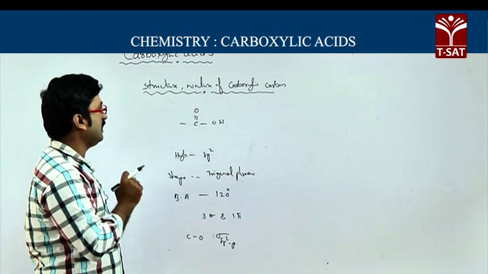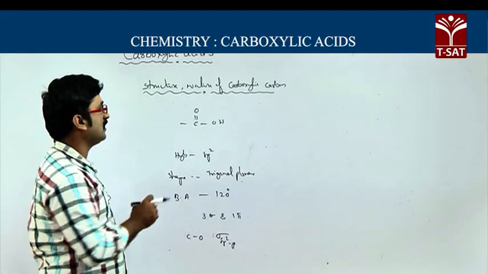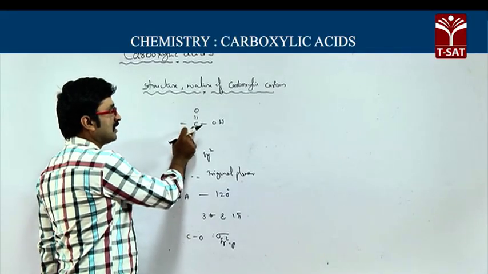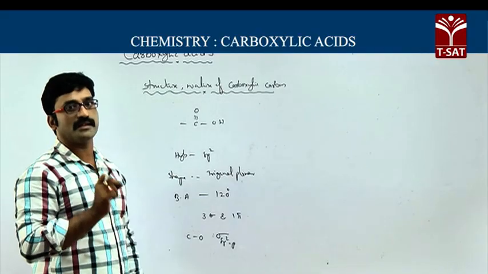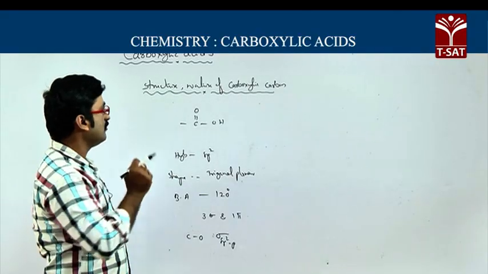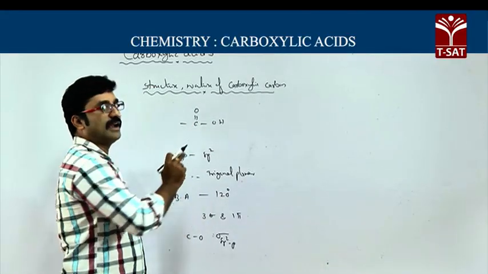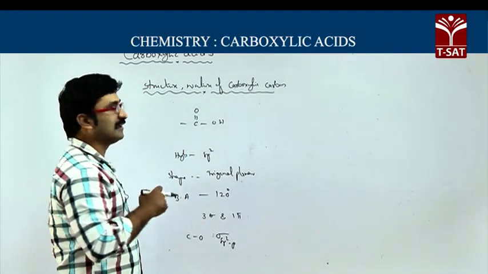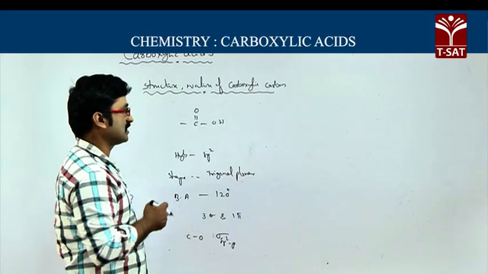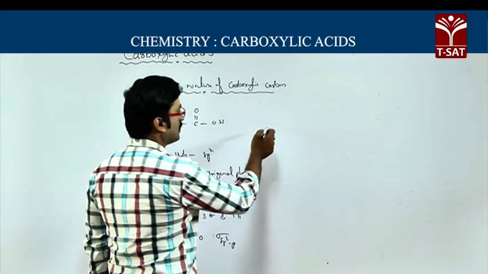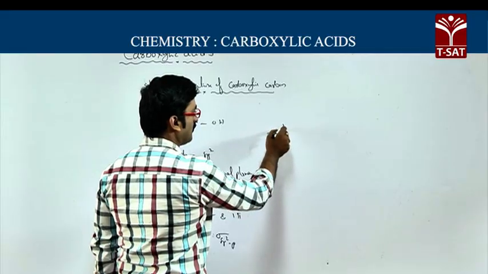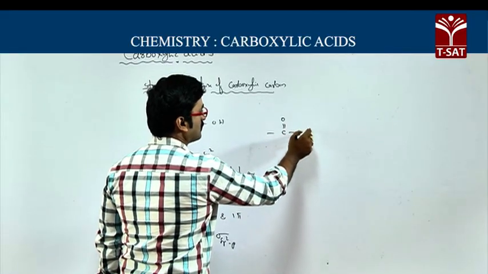When it comes to the nature of this carboxylic carbon, you know that among carbon and oxygen, oxygen is more electronegative. Because of more electronegativity, it will have a greater tendency of attracting pi electrons and getting a partial negative charge. Okay. So, here we can write C double bond O, OH.